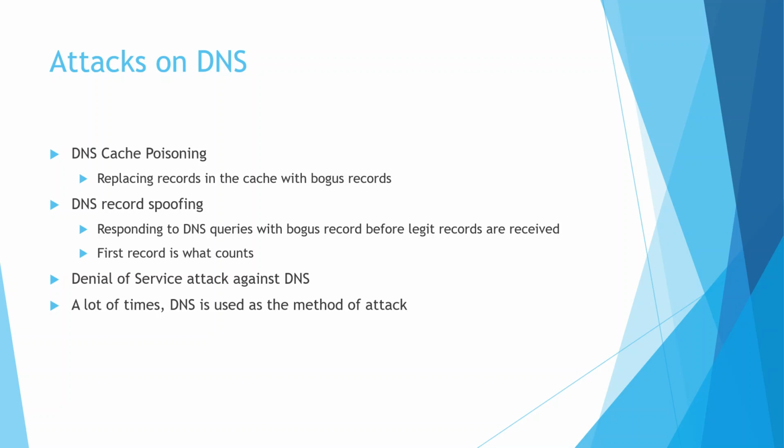And then we have DNS record spoofing. DNS is a first come, first serve protocol. So if I know that you make a DNS request for www.reddit.com or www.usbank.com or TCF Bank or whatever bank, and I am able to respond faster with that record, then the first record received is going to be the one that we use.